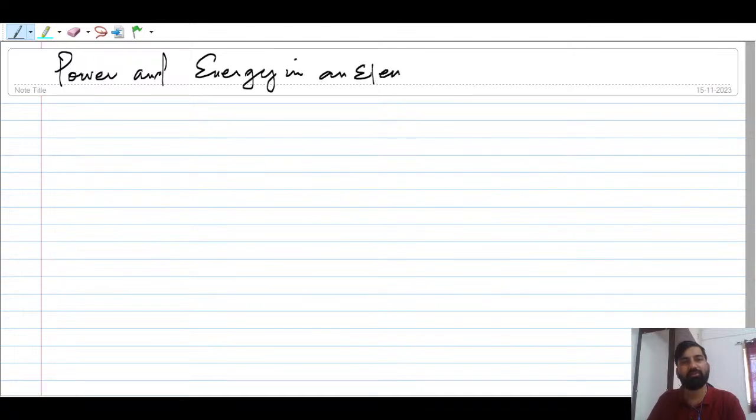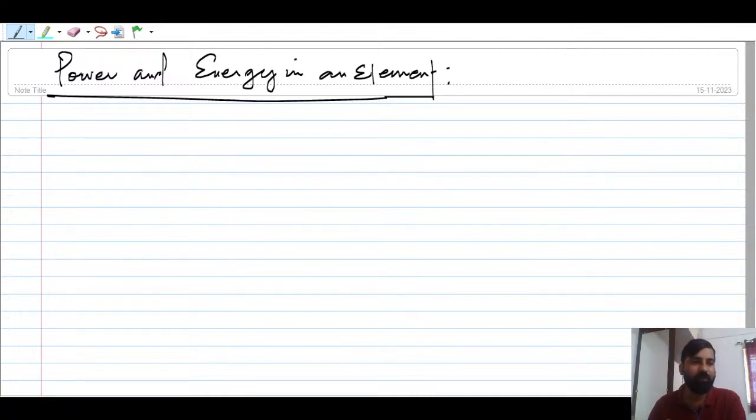That element can be passive, like a resistor, capacitor, or inductor. It can also be a voltage source or a current source, right? So how do we find out this power and energy? It is a very important concept which will be asked in your GATE examination, right?